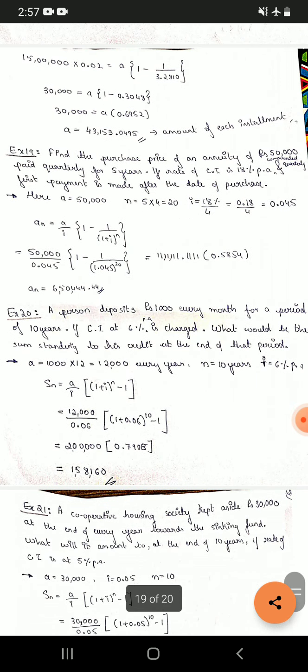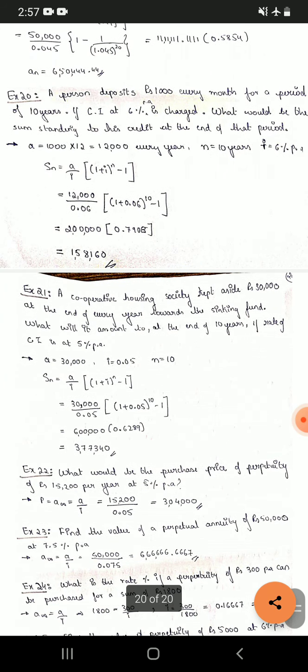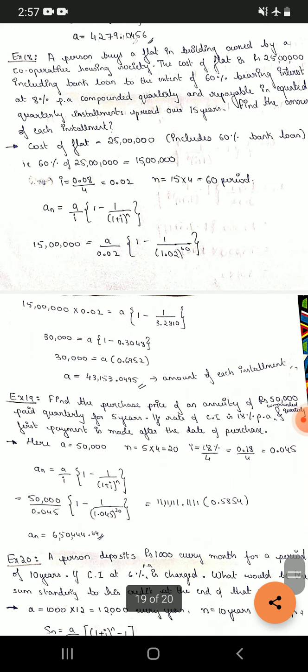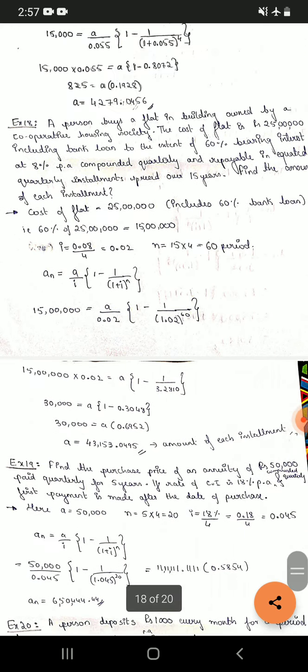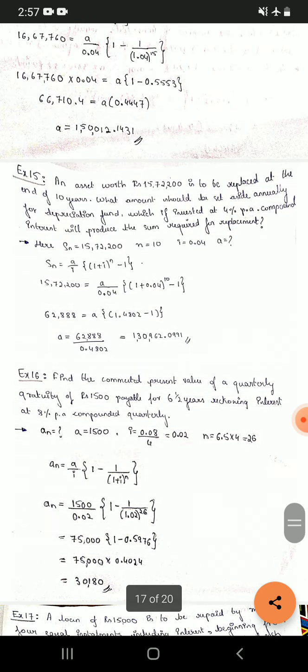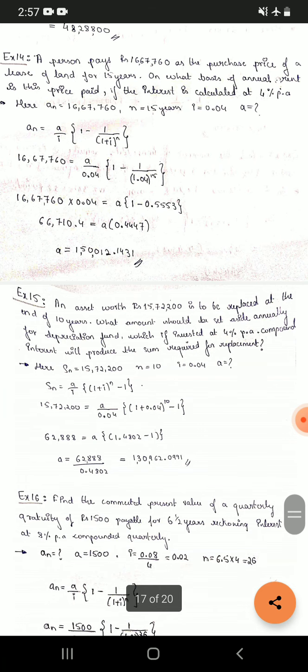As I said in the previous class, when to use the present value formula as well as the amount of annuity formula, that is SN and AN: whenever the question is based on finding the amount used to create a sinking fund, or the amount standing to its credit at the end of a certain period, or a depreciation fund amount, in all such cases we are going to use the formula of SN.